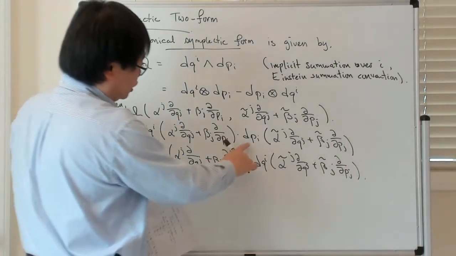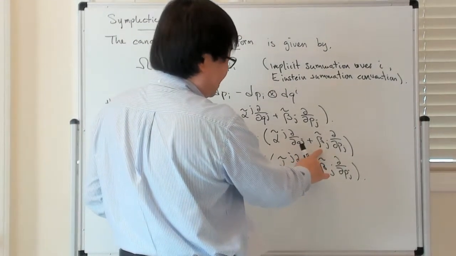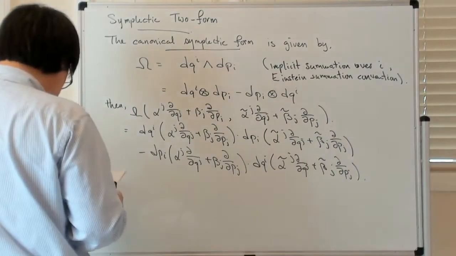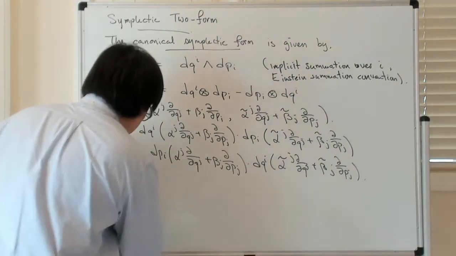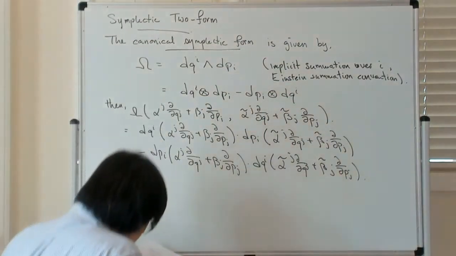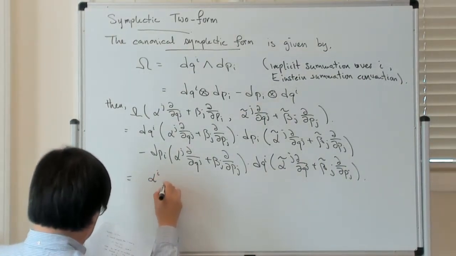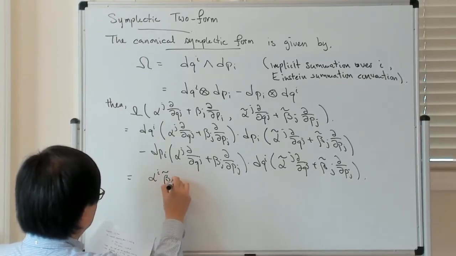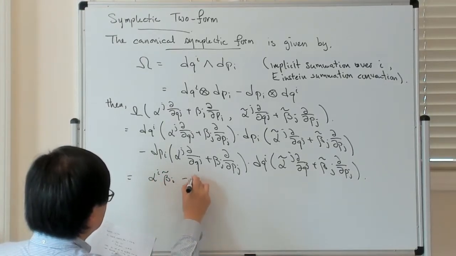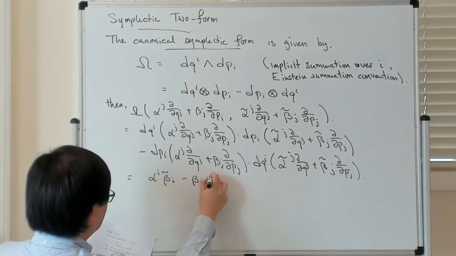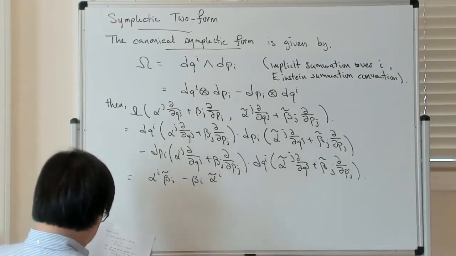And then this term here collapses to beta_i tilde, okay? All right, so this becomes, and again, there's this implicit summation, right? So this is alpha_i beta_i tilde minus beta_i alpha_i tilde.